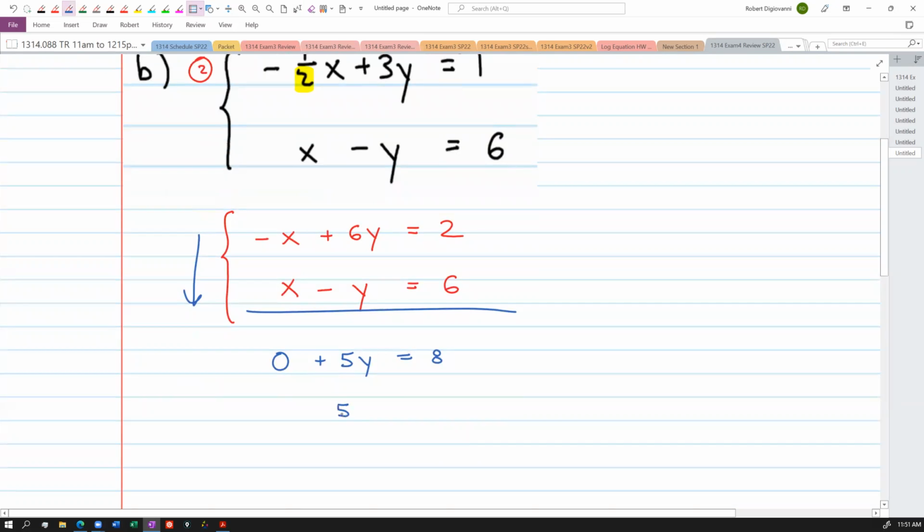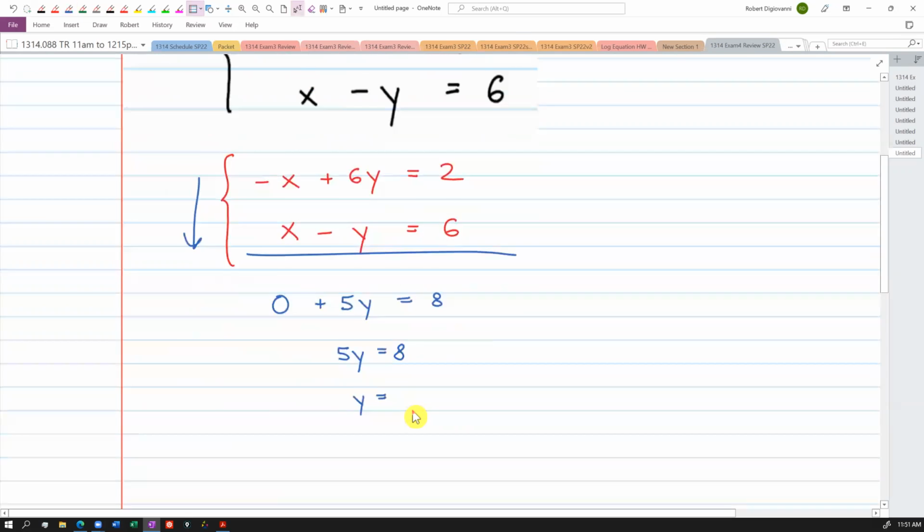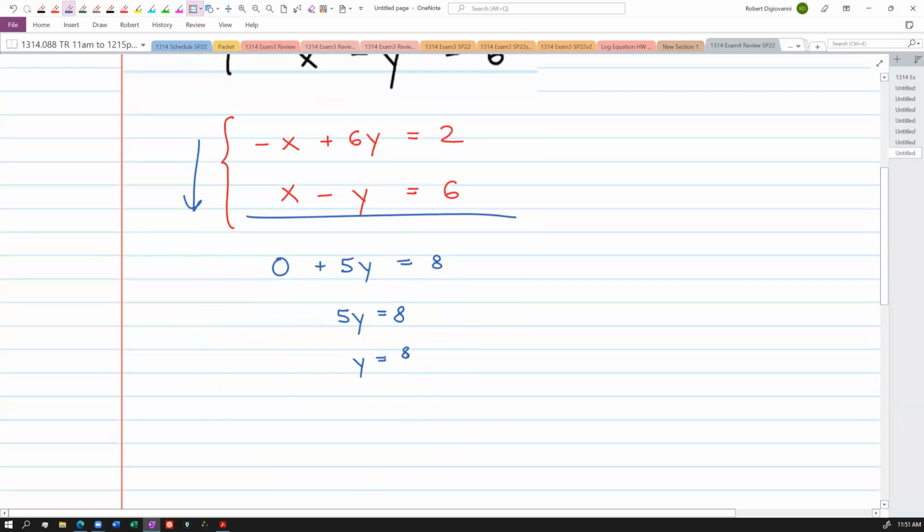And I have to divide both sides by 5. 8 divided by 5, I'm going to get that as a decimal. 1.6. Is that what you said? 1.6.